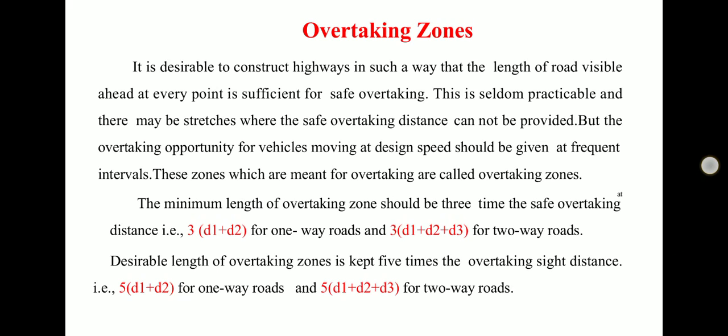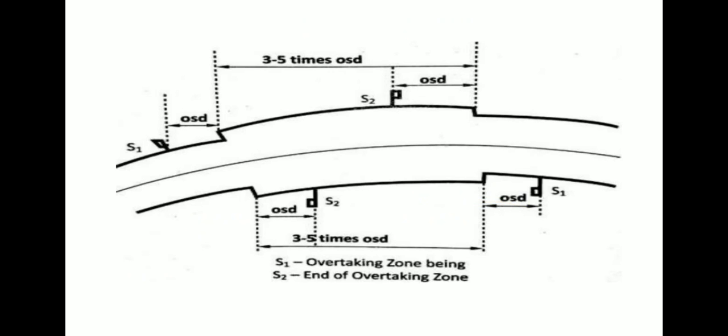The desirable length of overtaking zone is kept 5 times the overtaking sight distance, that is 5 into d1 plus d2 for one-way roads and 5 into d1 plus d2 plus d3 for two-way roads. So this is the figure which shows exactly the pattern of the overtaking zone.